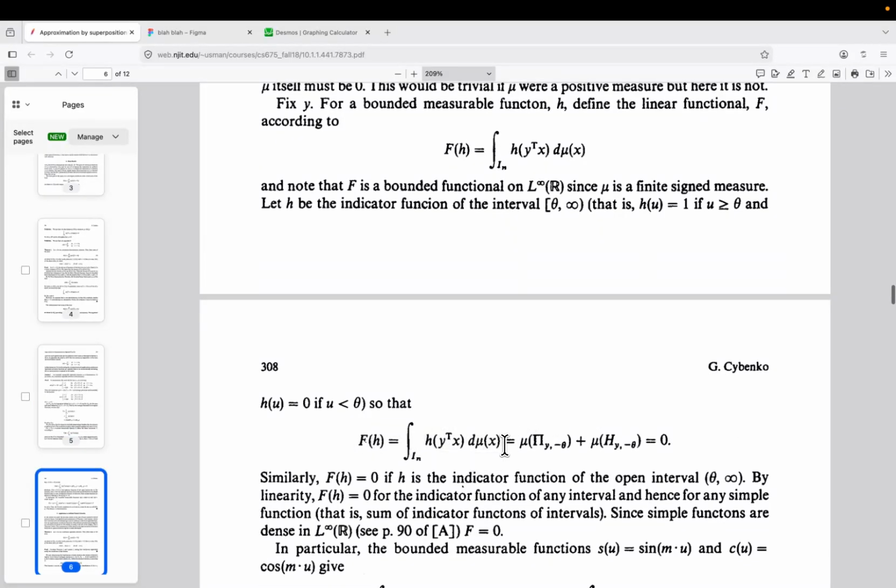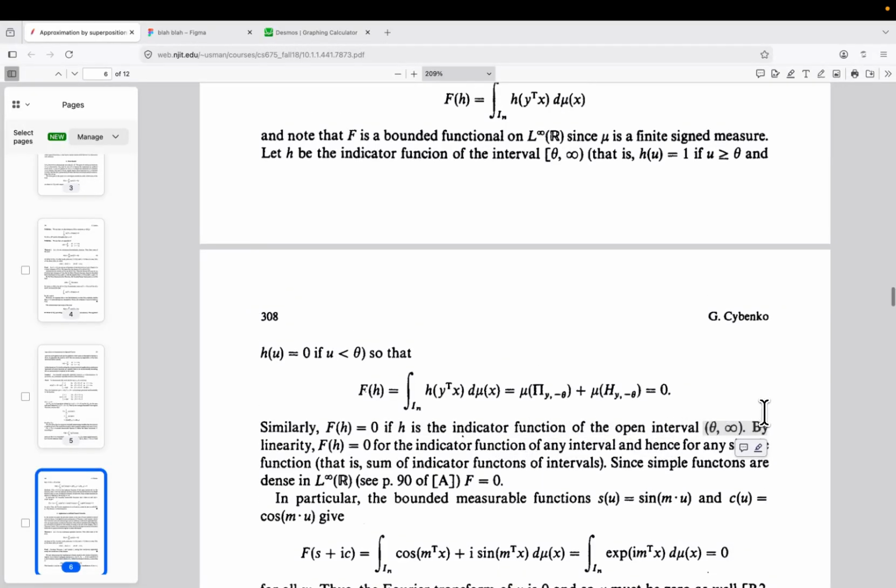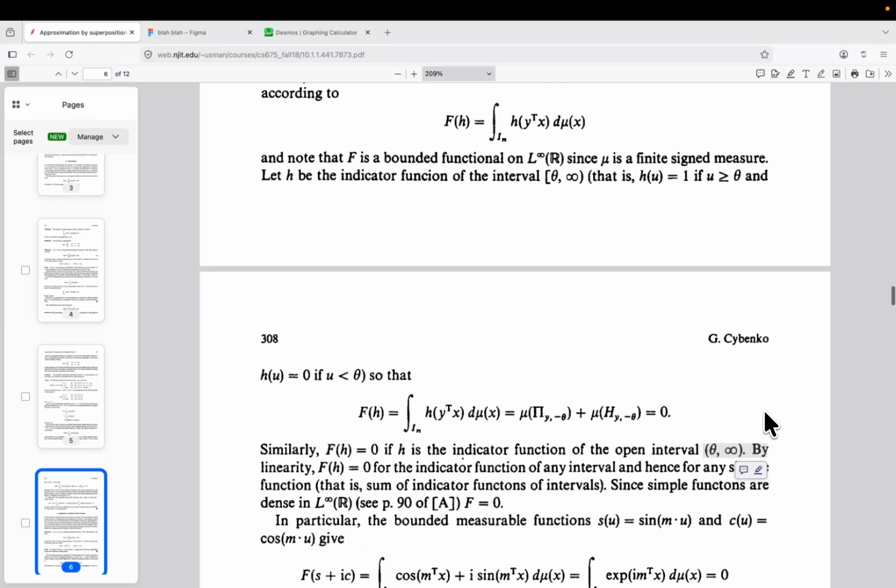Then, by the theorem, we can say that this property is true. Similarly, f is 0 if h is the indicator function of the open interval.